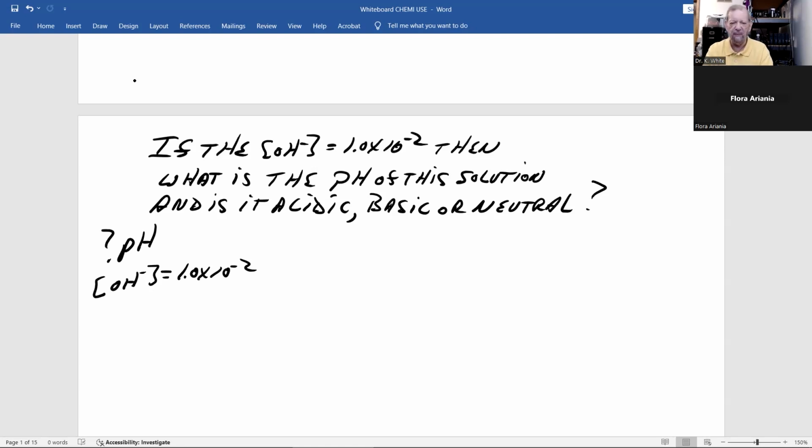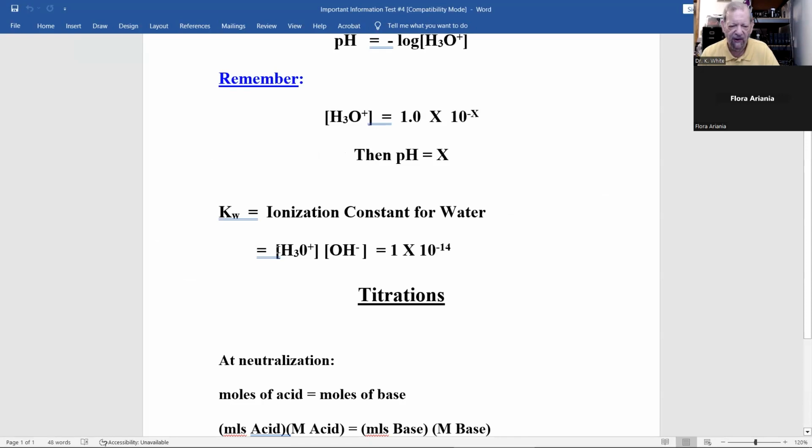But if you look at important information, test number 4, pH equals minus the log of the hydronium ion concentration. Uh-oh, this is not the hydronium ion concentration. What do we do? Well, if you look at important information, test number 4, you see this.